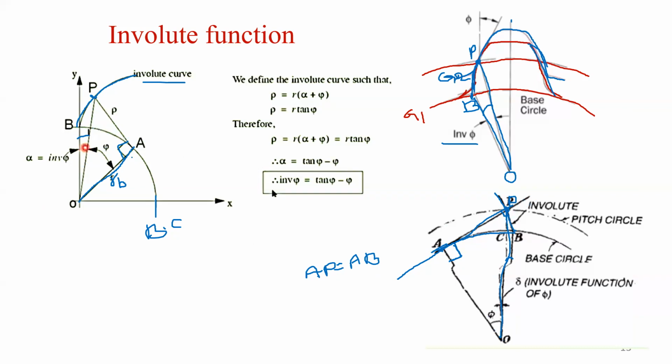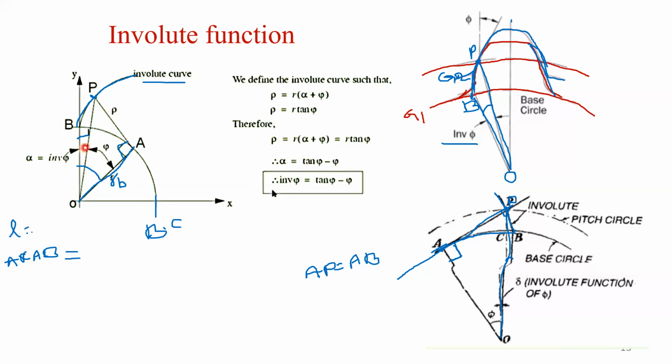Now from this triangle, what is this arc length AB?